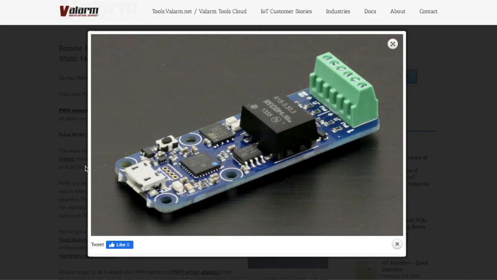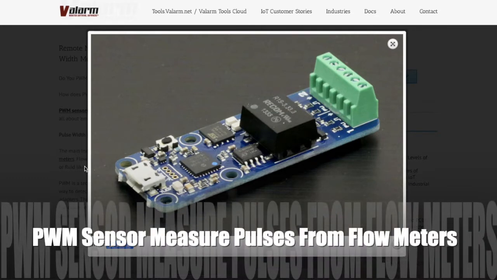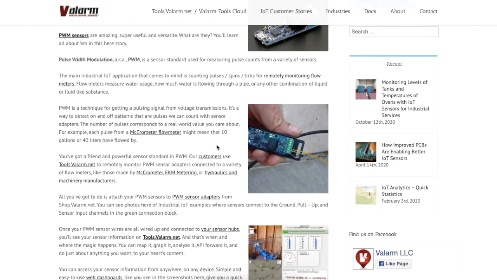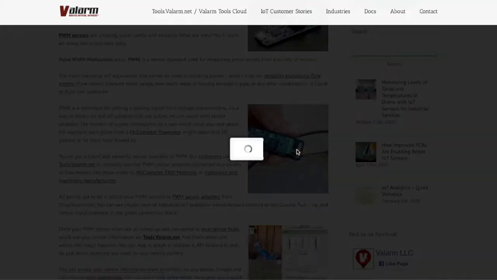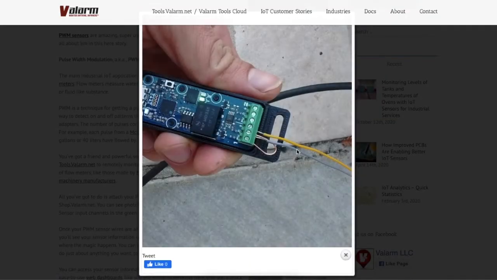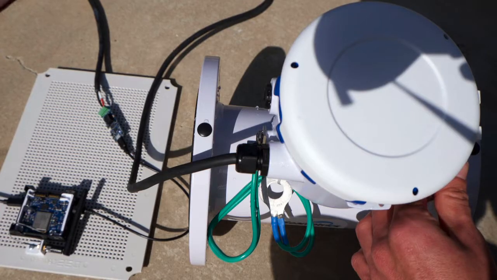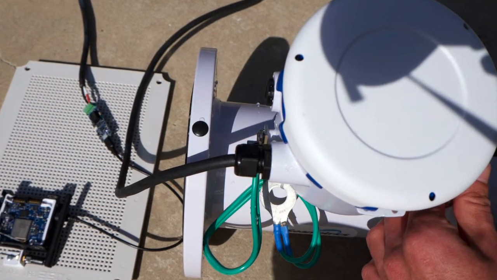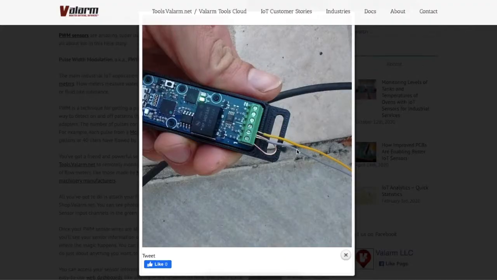PWM, pulse width modulation, is a sensor standard used for measuring pulse counts from a variety of sensors. The main industrial IoT application that comes to mind is counting pulses, spins, ticks for remotely monitoring flow meters.